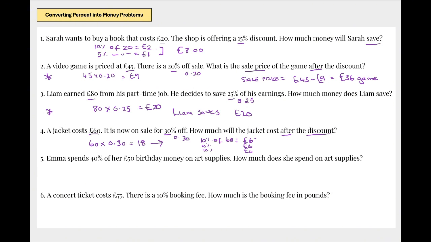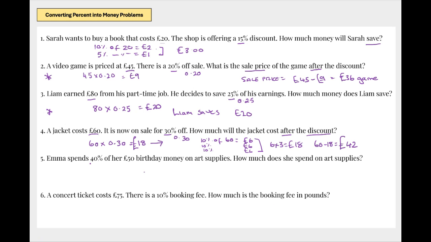So you just do 6 times 3 equals £18. So there's two ways of doing it there. So the answer to that question, what's the original price? It was 60, and after our discount of £18, the answer is £42.